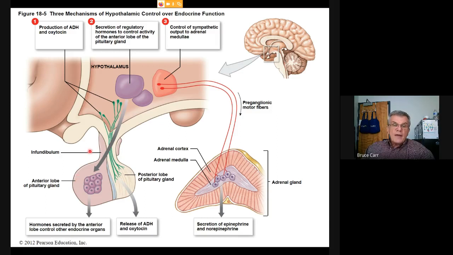The third type of action from the hypothalamus region is this connection that we saw in the sympathetic nervous system, sending out through a collateral chain ganglion and a collateral ganglion all the way to the adrenal gland on the top of the kidney, where the hormones epinephrine and norepinephrine are released. So three types of action from the hypothalamus.